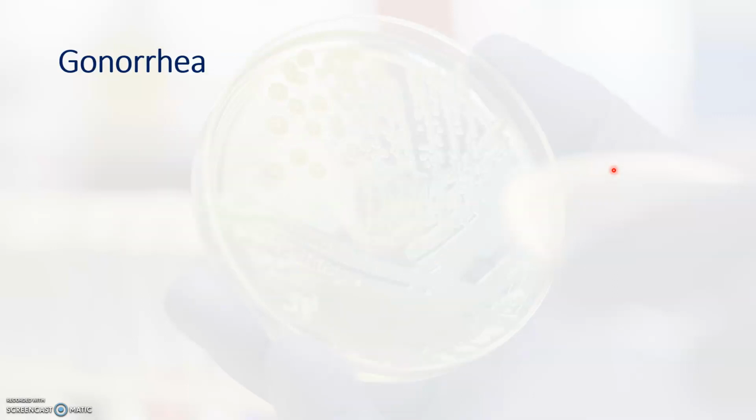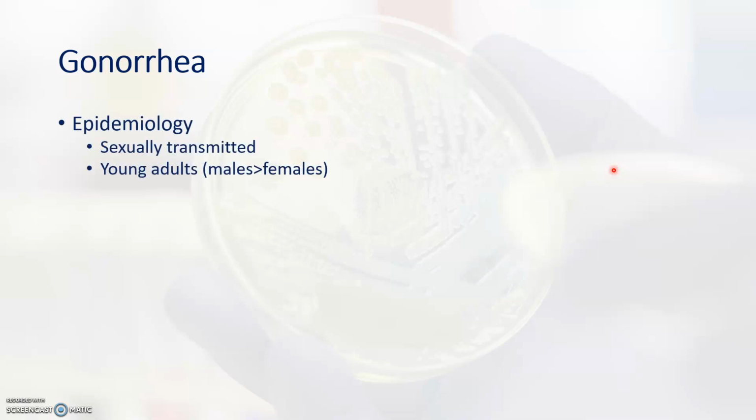Let's think a little bit about gonorrhea. So gonorrhea is a sexually transmitted disease which affects young adults and is reported more widely in males than females. Looking at the organism itself, it's a gram-negative intracellular diplococcus.